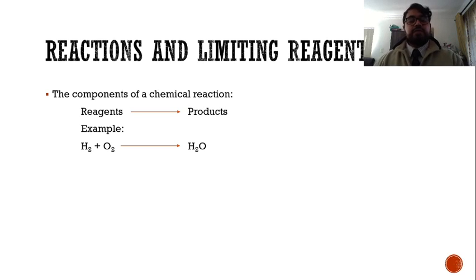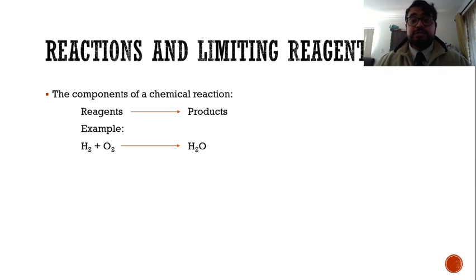If you look at the left hand side, you have two hydrogen and two oxygen on the reagent side. And if you look at the product side, you have two hydrogen and one oxygen. So there's no balance in that chemical equation.